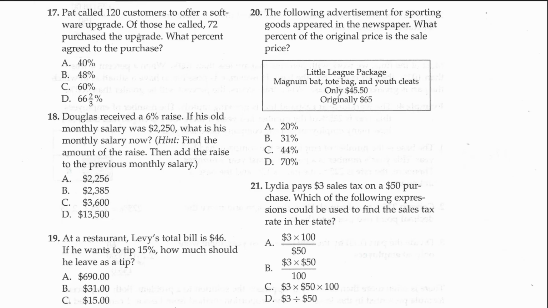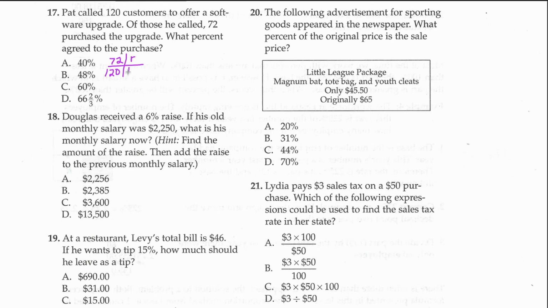So we have the 72 purchased the upgrade out of 120 customers. So those two numbers are as follow. 72 is the part, and the 120 is the base. What percent? We don't know the rate.